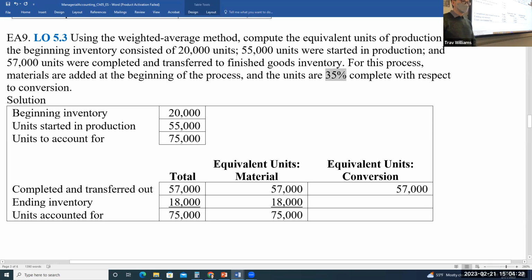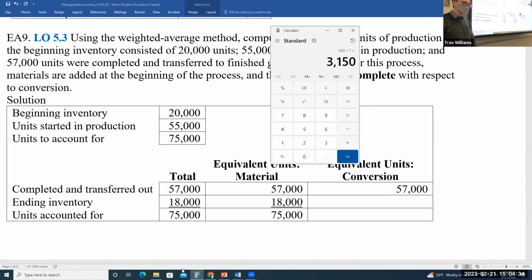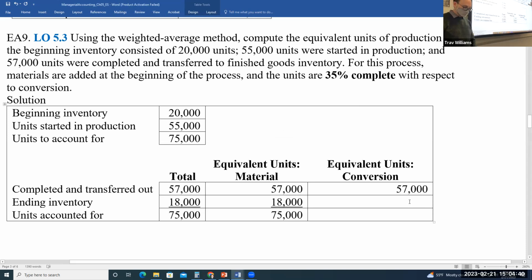You got it, Josh. 35% complete times the 18,000 units that are in ending inventory. 6,300. And we can add that to what got transferred out to get our total conversion units equivalent. 63,300.